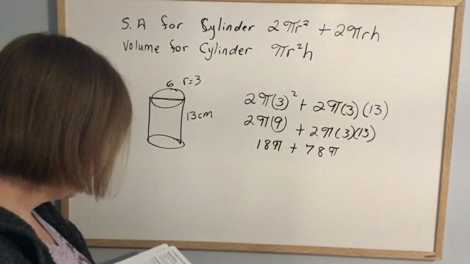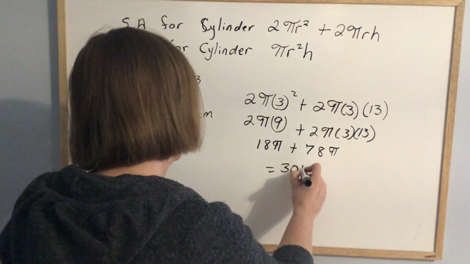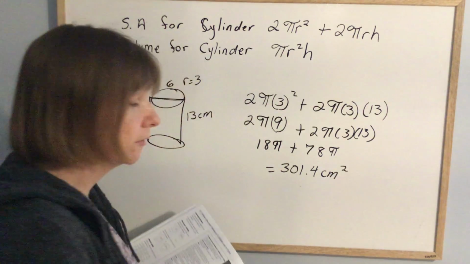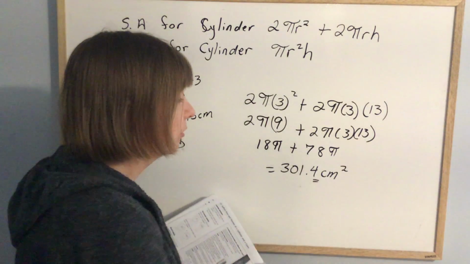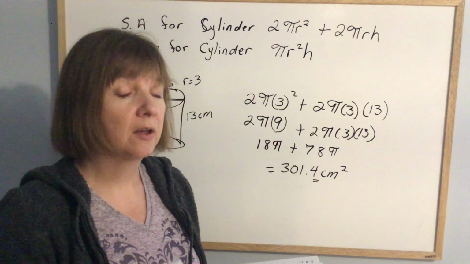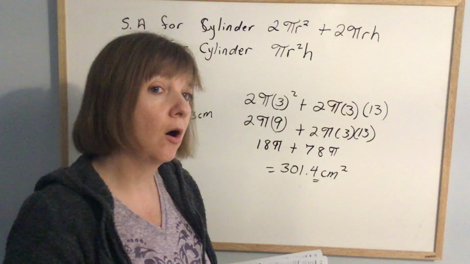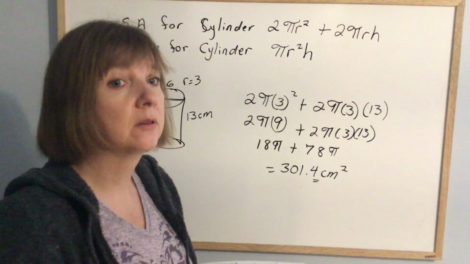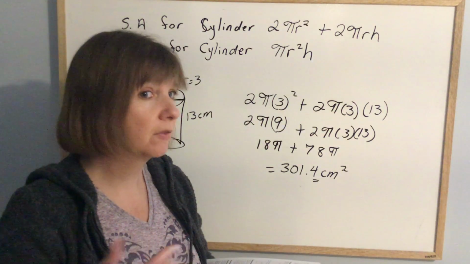And I would just put that in my calculator, and I would get 301.4 centimeters squared. All right. And again, they said to the nearest tenth. One of the things I've noticed in your work is you don't pay attention to what it says to round off to. If it says round to the nearest tenth, then you need to round to the nearest tenth, not the hundredth, not the thousandth.